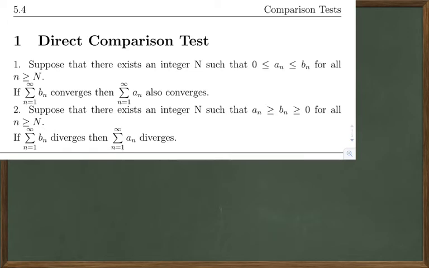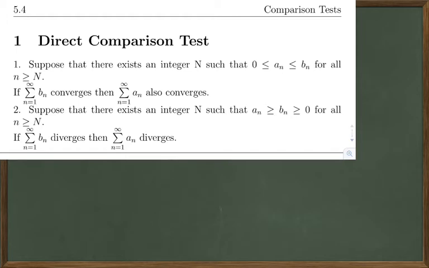And it says, suppose that there exists an integer N such that 0 is less than or equal to a sub n, which is less than or equal to b sub n for all n greater than or equal to N. If the sum n equals 1 to infinity of b sub n converges, then so also does the sum n equals 1 to infinity of a sub n.